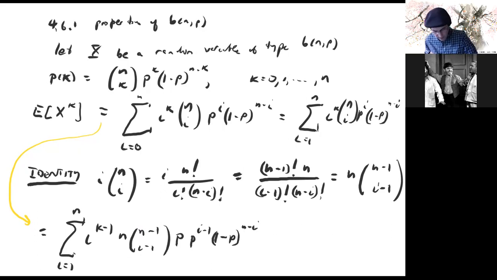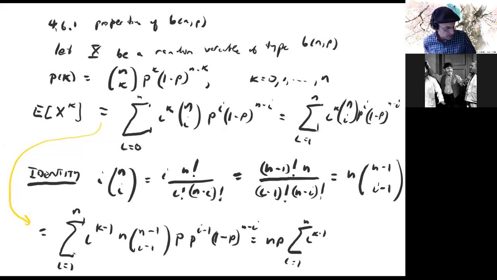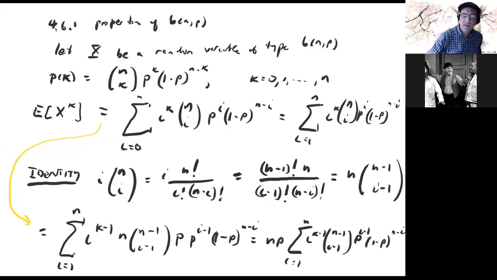I'm going to pull out the n times p. So that's n times p times the sum, i goes from 1 to n of i to the k minus 1 times n minus 1 choose i minus 1, times p to the i minus 1 times 1 minus p to the n minus i. So we have that so far.